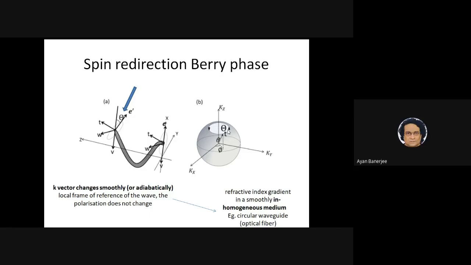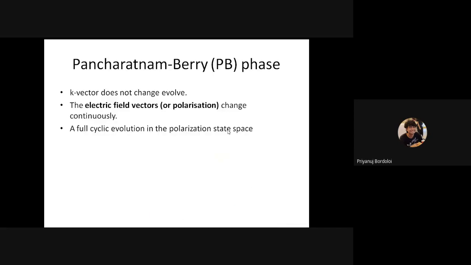Okay, continue, Priyanuj. Yeah, as Sir said, there's also another way of doing it by changing the E. That is basically what we do in the Pancharatnam Berry phase, where the k does not change and z does not change, but we continuously change the E naught, that is, we change the electric field vector or basically the polarization.